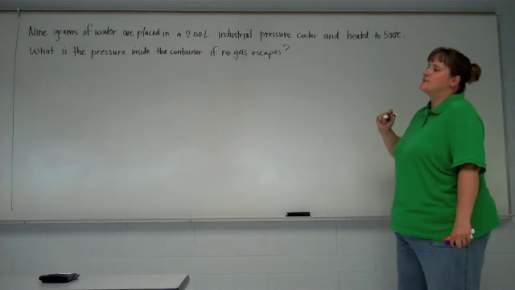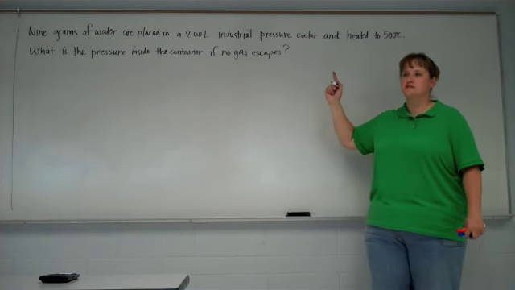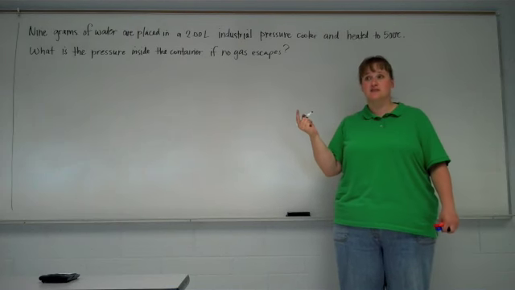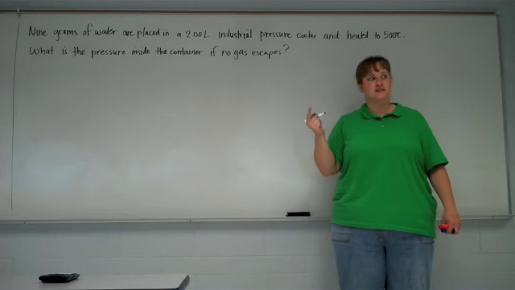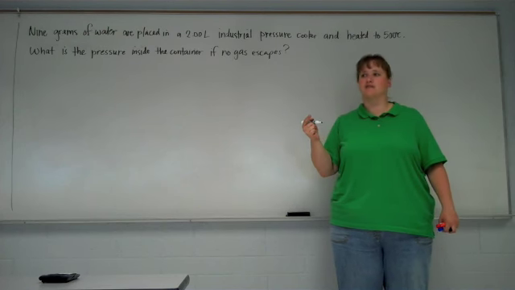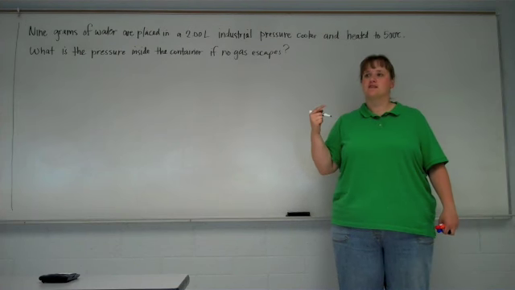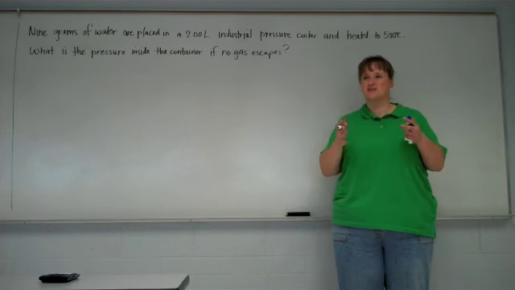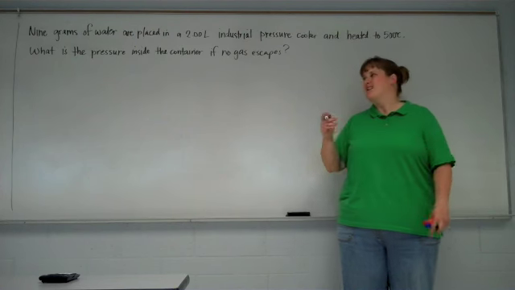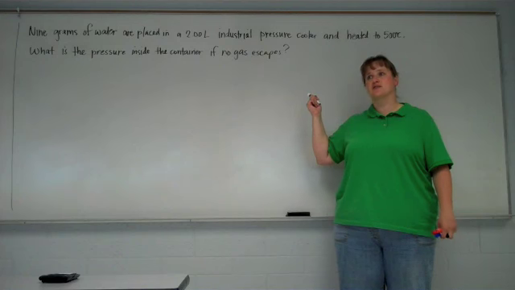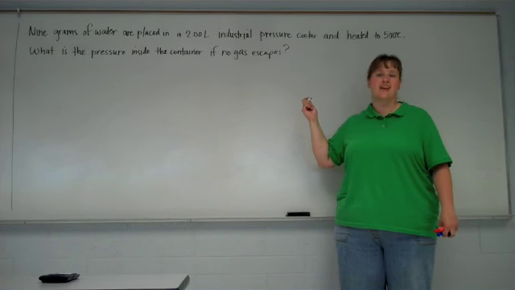So anyway, the whole point of a pressure cooker is to increase the pressure, which increases the boiling point, the boiling temperature. So it makes things boil hotter. If you boil things hotter, you don't have to cook them as long, for example. Primarily, I've seen pressure cookers used for canning purposes.